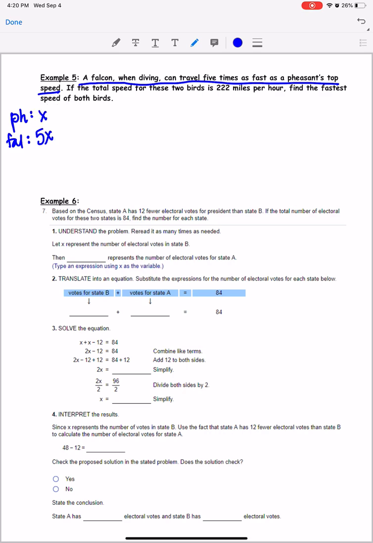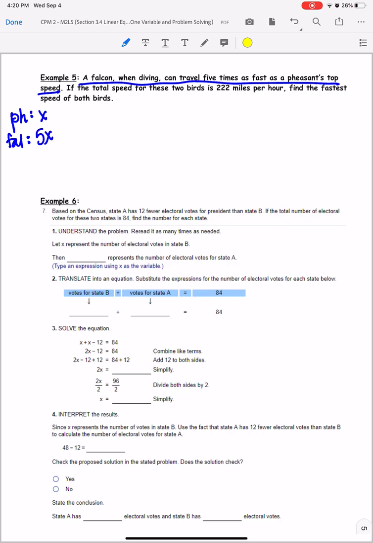And it says if the total speed, total again means add, if the total speed of these two birds is 222 miles per hour, find the fastest speed of both birds. So how many answers do we have here? I don't know why I can't highlight that, but you know what we're looking for.